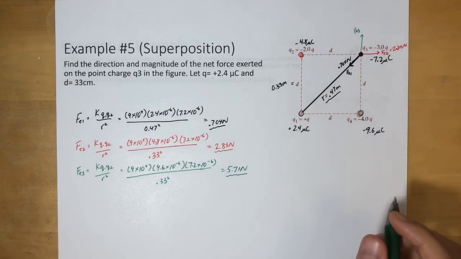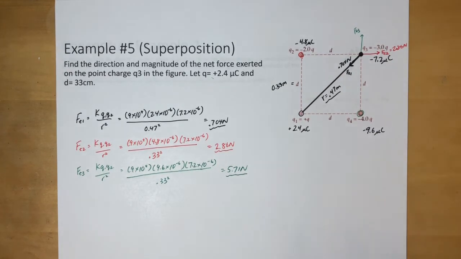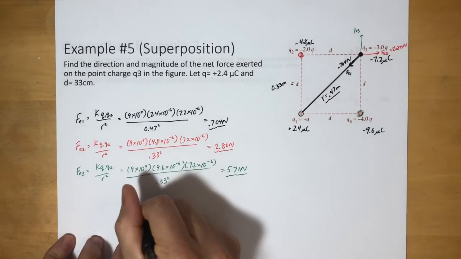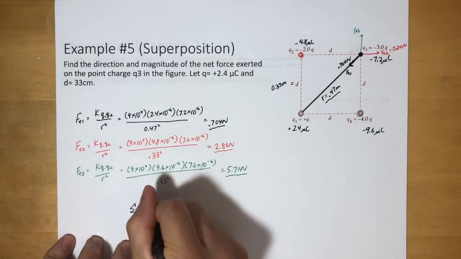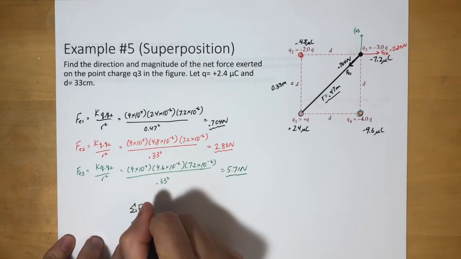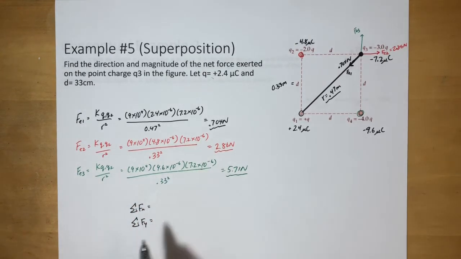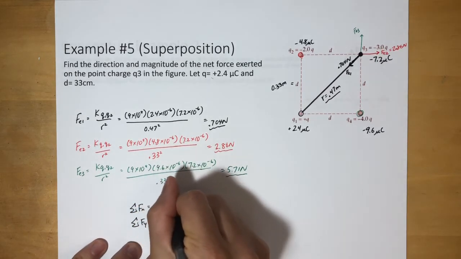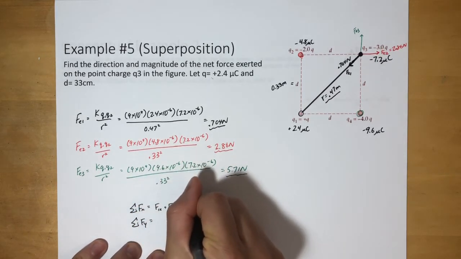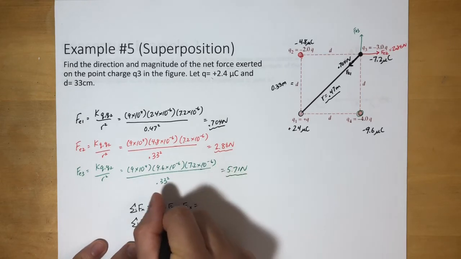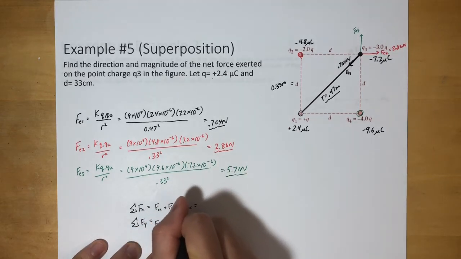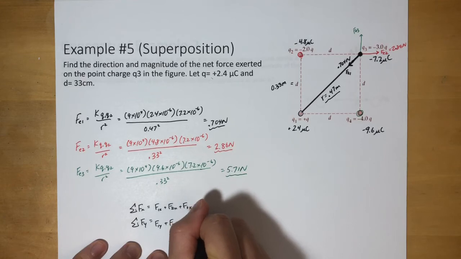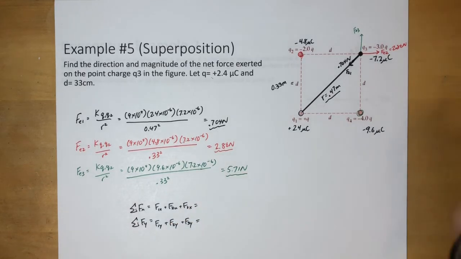Okay, so now what we want to do is, again, find the sum of all forces in the x direction and the sum of all forces in the y direction. I guess before we do that, we can call this F1x plus F2x plus F3x, and then F1y plus F2y plus F3y.